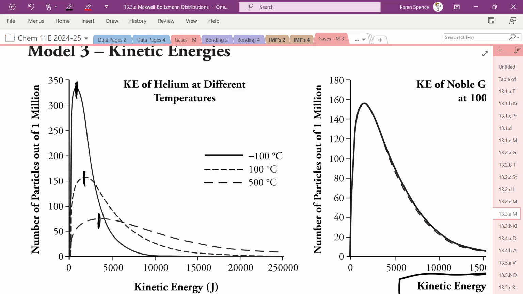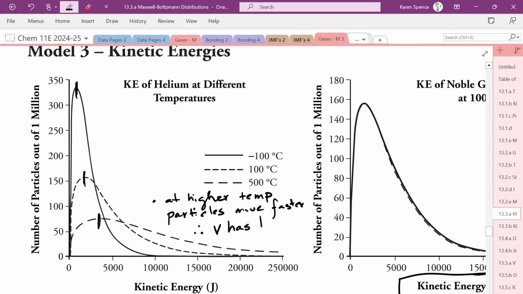At a higher temperature, the particles move faster, yes? So what that means is that v, velocity, has increased.